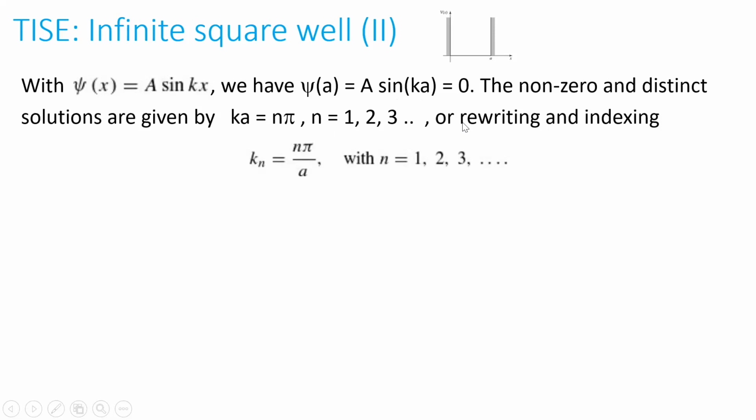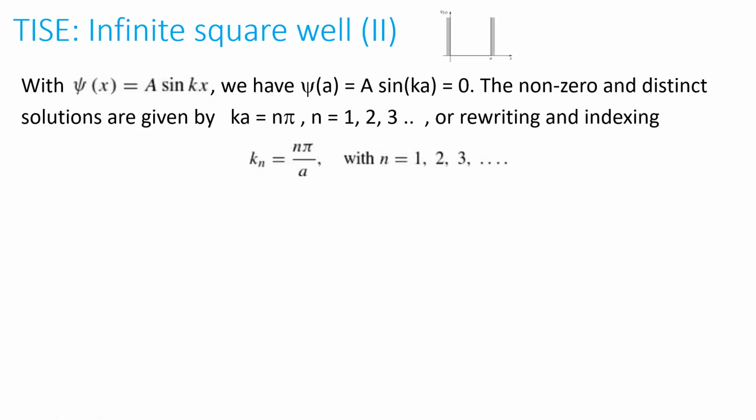Or rewriting this a little bit and putting in an index for k, I'm just dividing by a, we'd have kn is equal to n pi over a, where n is equal to 1, 2, 3, etc. So this boundary condition that psi at a is equal to 0 has restricted the values of k that we can have to n pi over a, with n a positive integer.